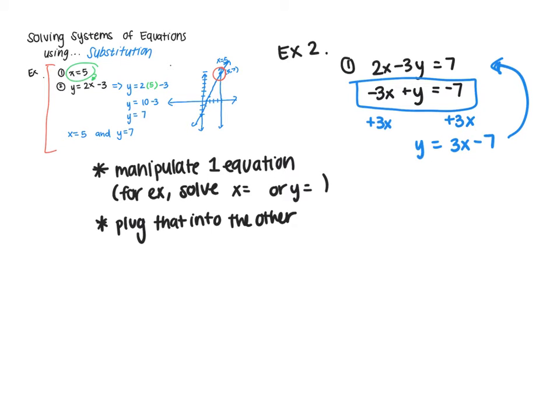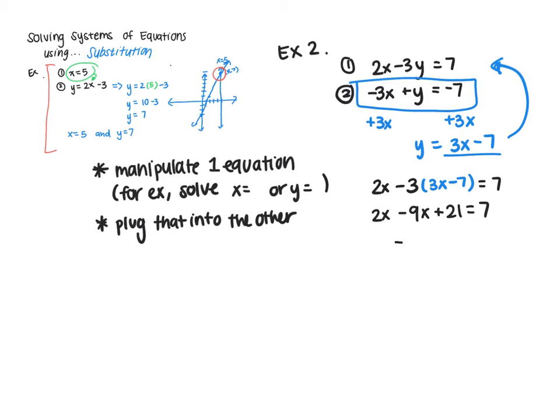Using the first equation, we have 2x minus 3, and instead of y, we're going to write 3x minus 7, equals 7.